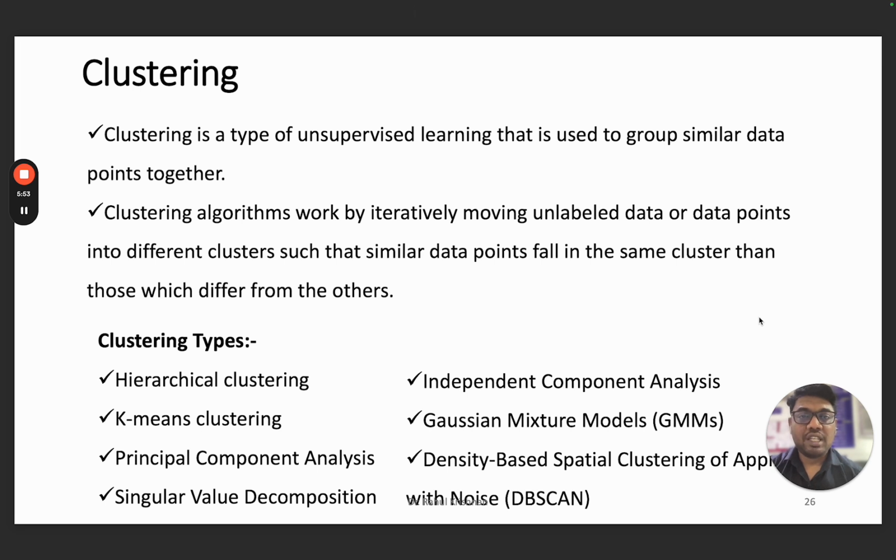We will now see clustering in depth. Clustering is a type of unsupervised learning used to group similar data together. How do we identify similar data?